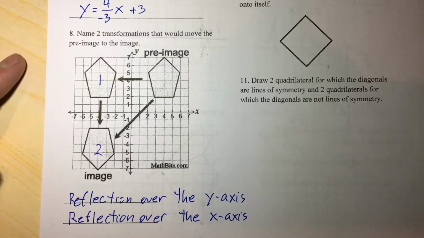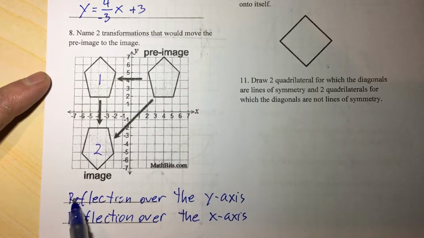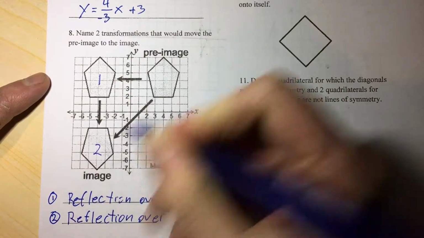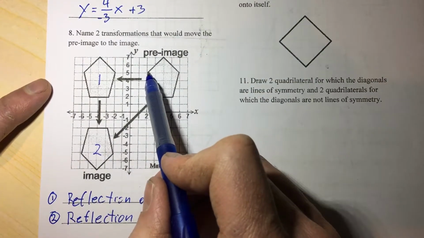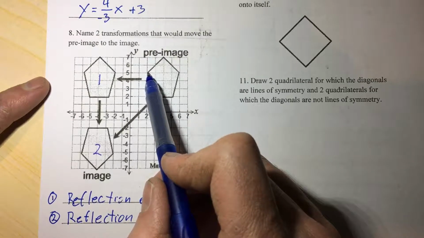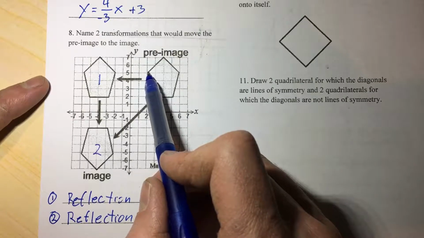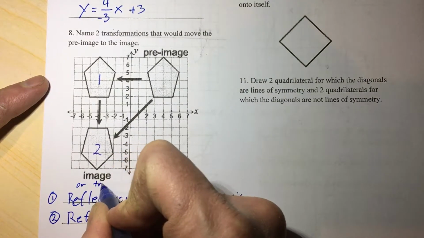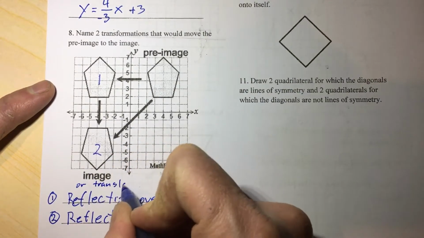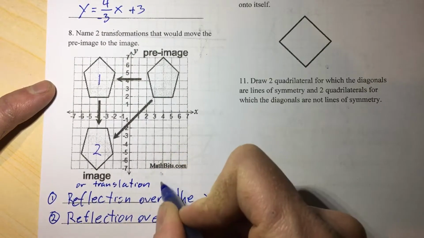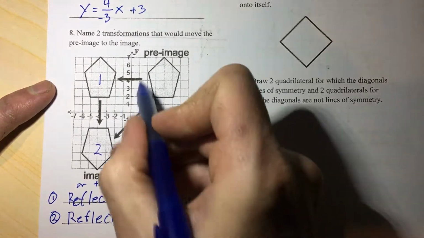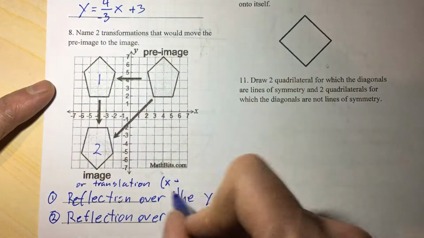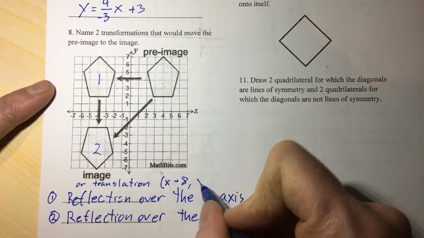Okay, so in the home stretch here, the only thing that I could see differently for the first step would be, I could see somebody making the argument that this is a translation. So you could say reflection or translation, and it would be x minus 8, that is, 1, 2, 3, 4, 5, 6, 7, 8, minus 8, and y stays the same.